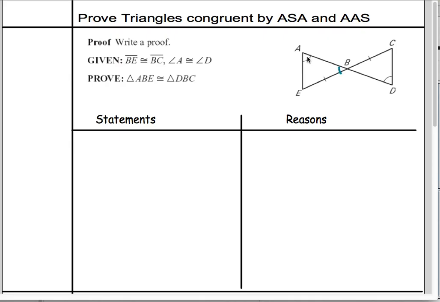So I'm going to mark those. They've already used 1 mark in this picture, so we need to use 2 marks. So now I notice that I've got 2 angles and a side, and the side's not between these 2 angles. So when I get to the end, I know that I've got 2 angles and the side not in the middle, so we put the S on the end.